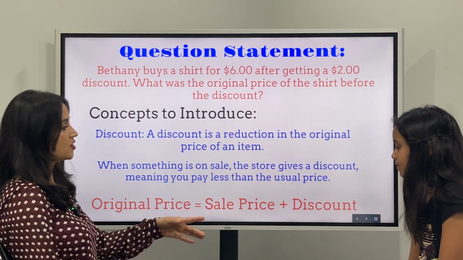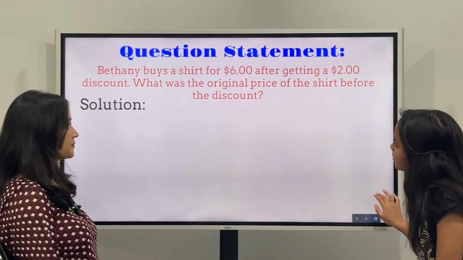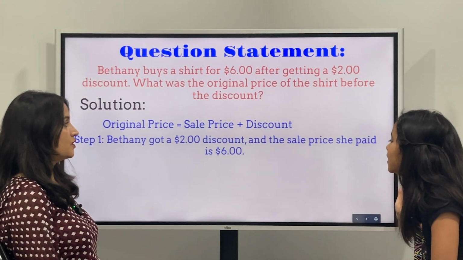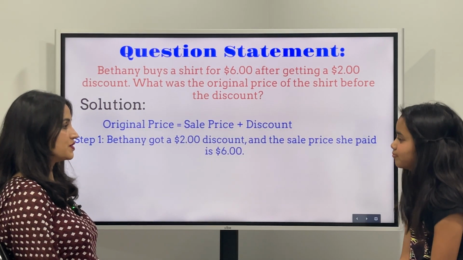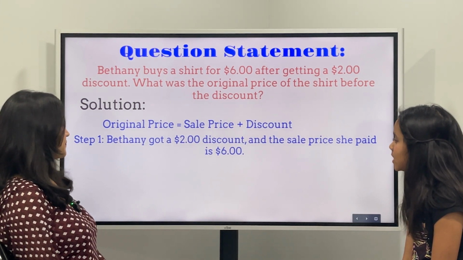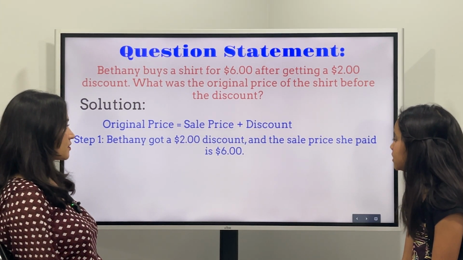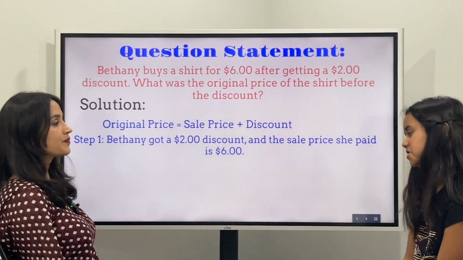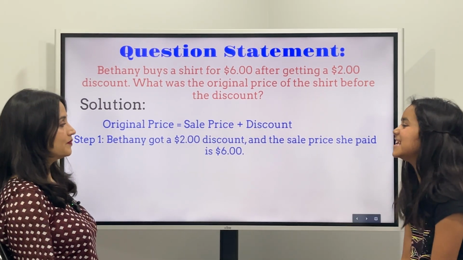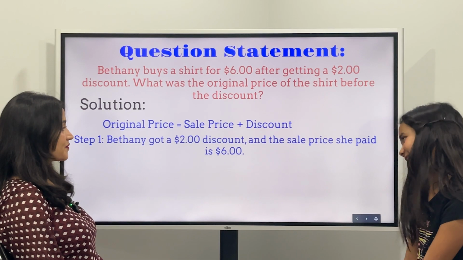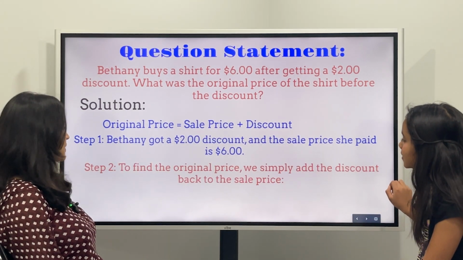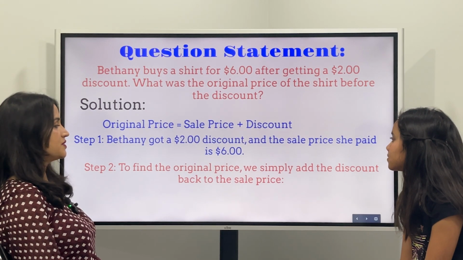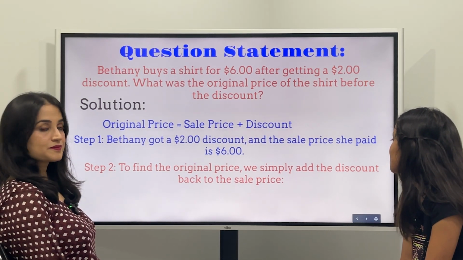So how can we solve this? Solution: original price equals sale price plus discount. Step 1: Bethany got a $2 discount, and the sale price she paid is $6. Step 2: to find the original price, we simply add the discount back to the sale price.